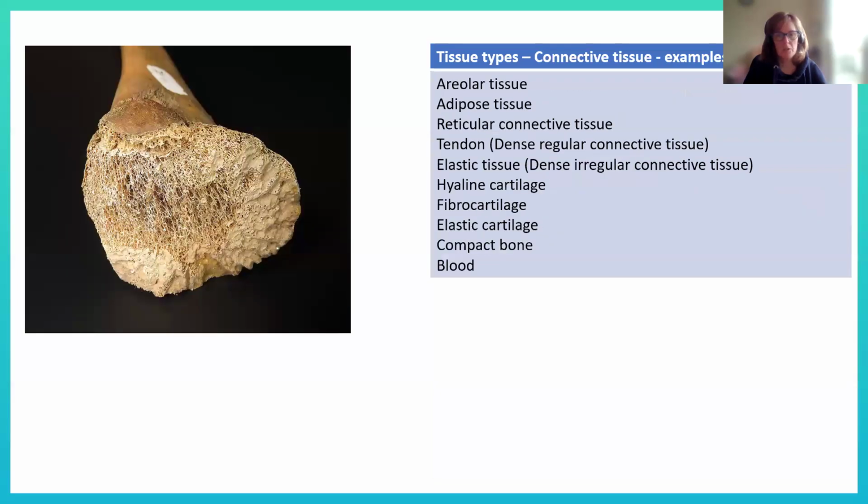So here are the examples. It's just a list really, but there's more information in the course materials on these different types of connective tissue. If you look at this end of a bone, you get an idea of the extracellular matrix structure that you can see here, holding everything together.